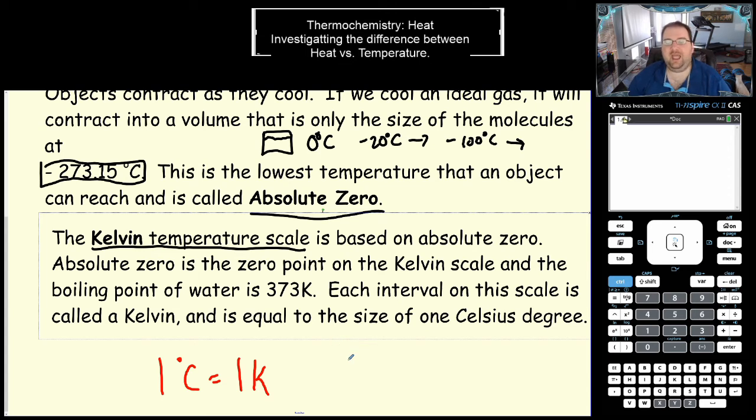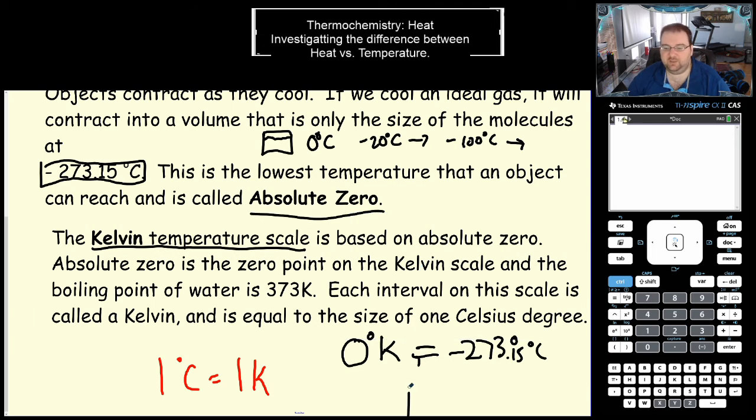If something has zero heat, there is no energy on that object, in the system. If it has zero energy, that's 0 Kelvin. 0 Kelvin, if we were talking about something in Celsius that has no energy, would be negative 273.15. So these two things are equal.